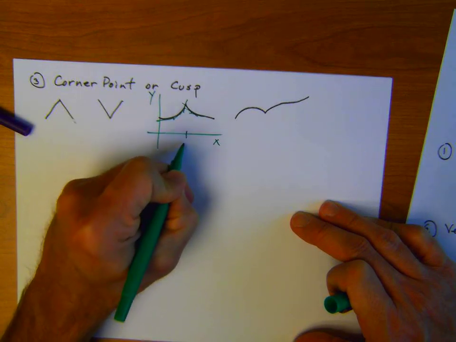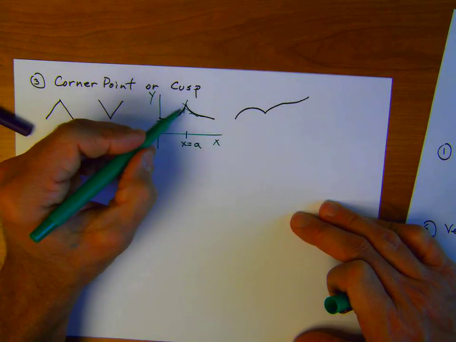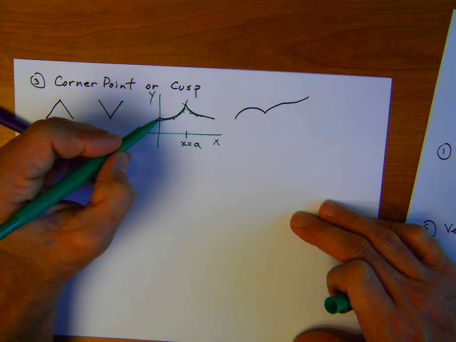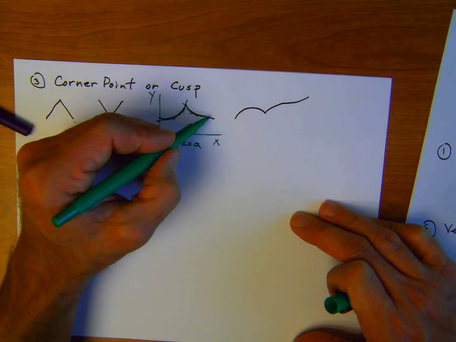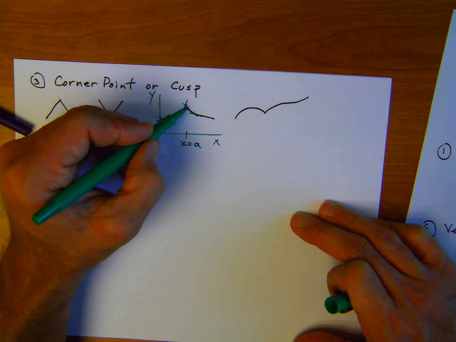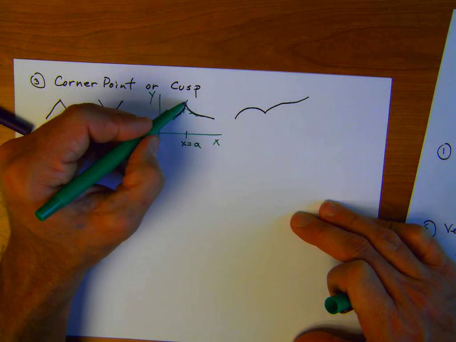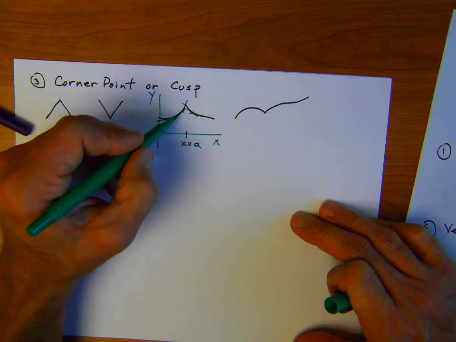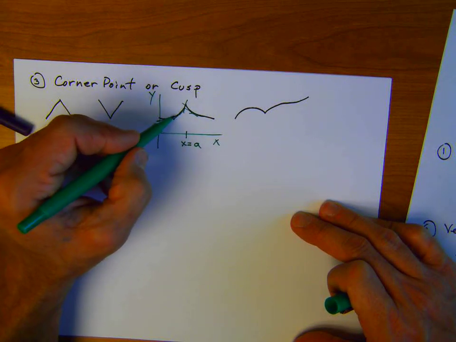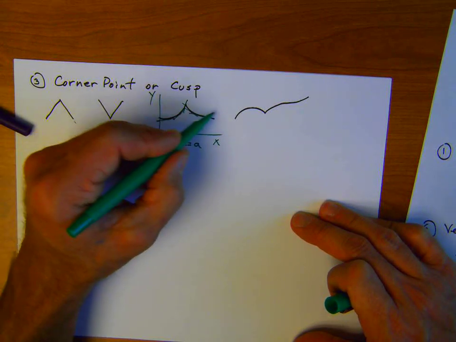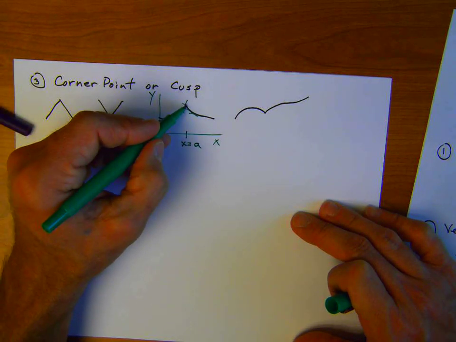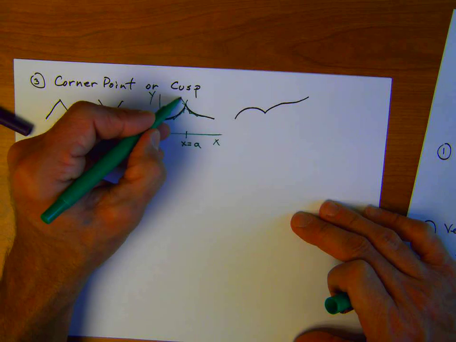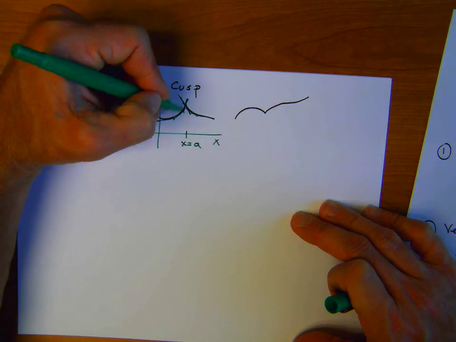Right at this point, if we call that x equals a, if you approach it, think about the limit, right? If you think about the slopes of the tangent lines coming from the left and from the right, they're not going to agree at that point. The slope of the tangent line won't exist because these slopes coming from the left and the right aren't going to agree. You have to question, well, which one are you going to use? Are you going to use this one or are you going to use this one?